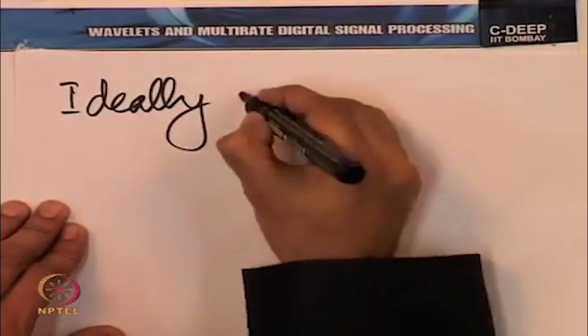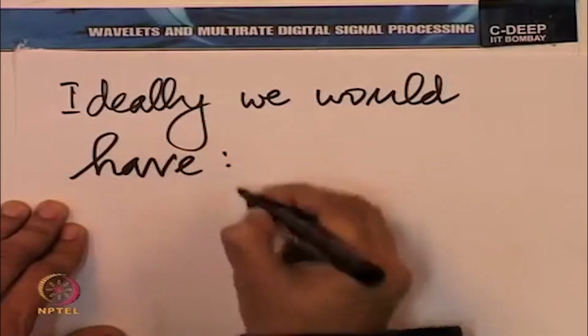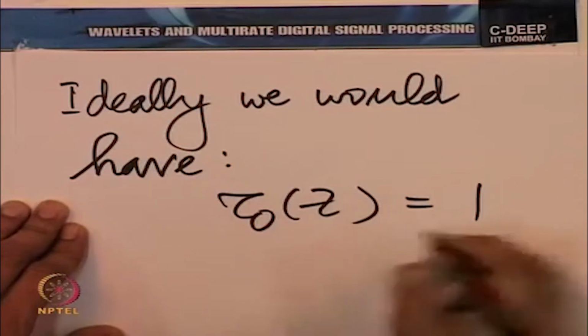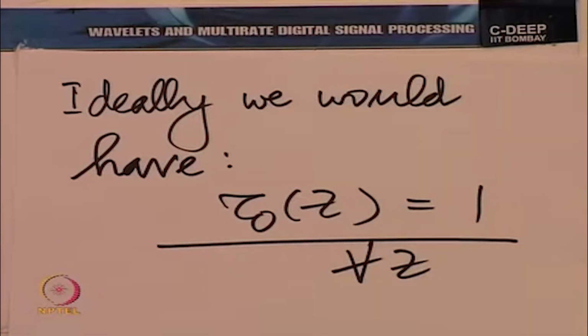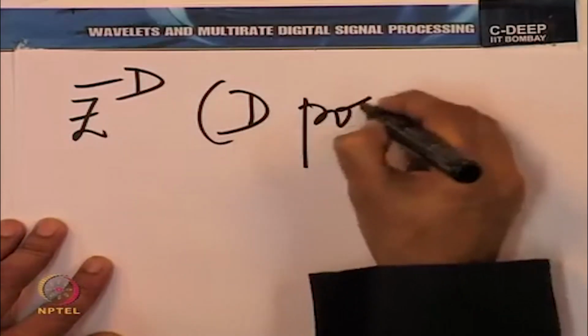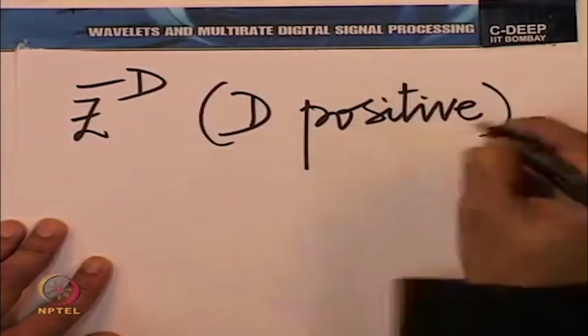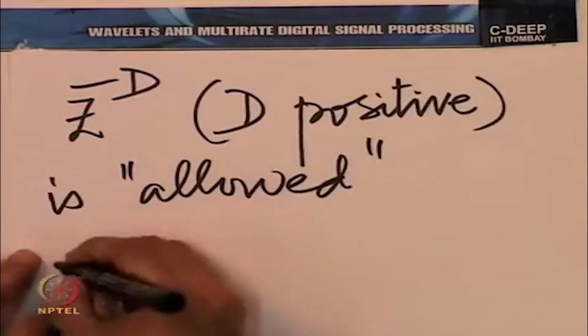Ideally, we would have liked tau 0 z equal to 1 for all z, essentially an identity system. Now, that would, as I explained before, make the system non-causal. So, this allowance of z raised to the power minus d, of course, d is positive here, is allowed because of causality.